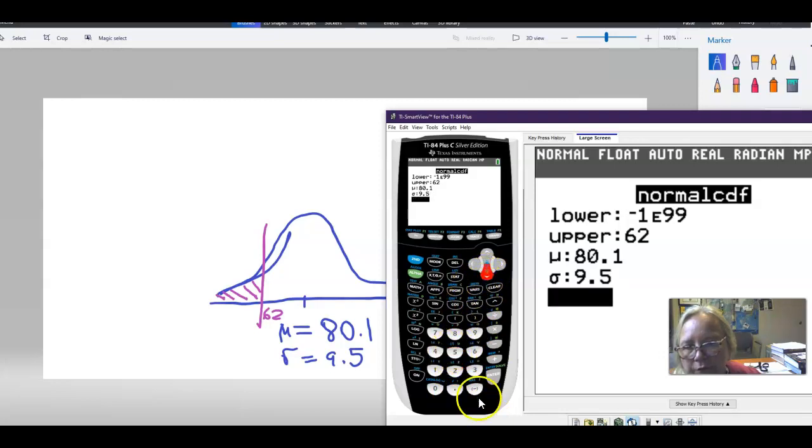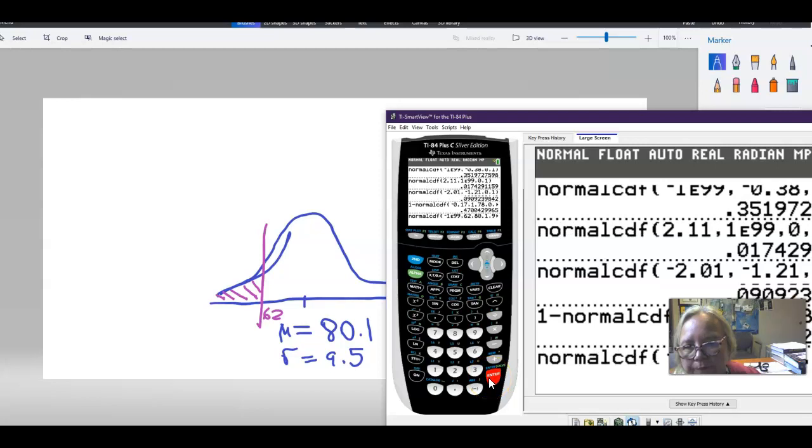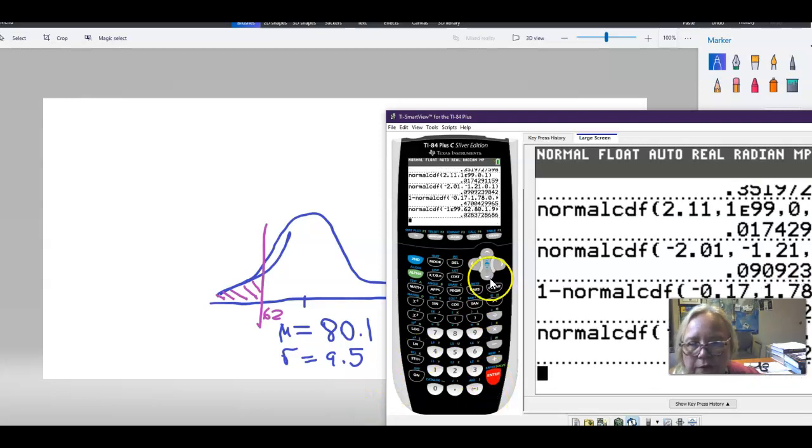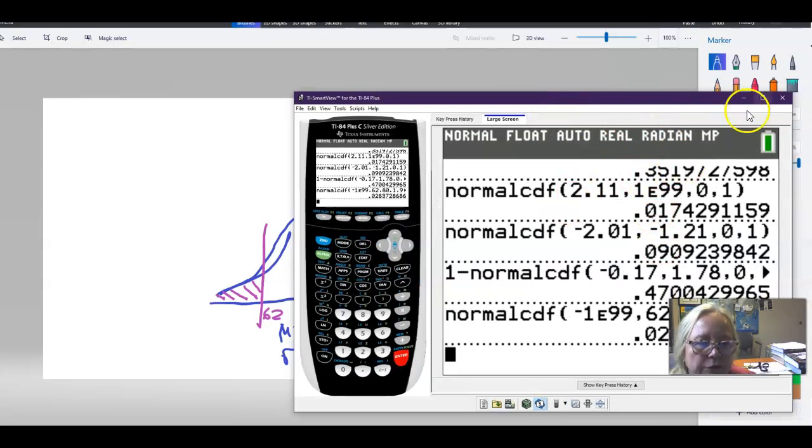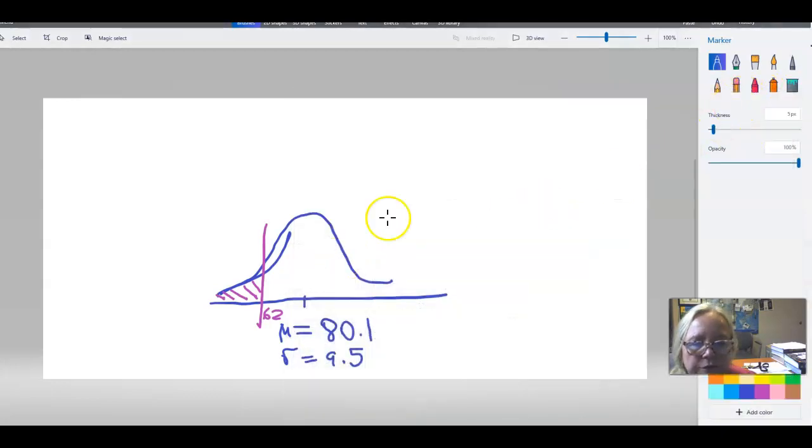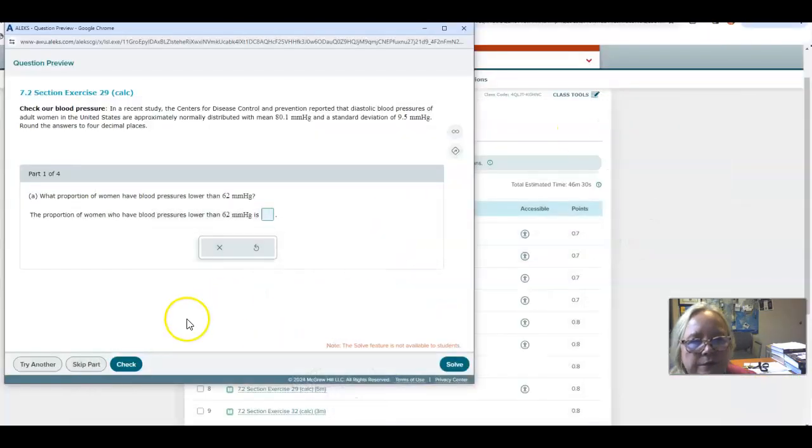And then we calculate. And it gives us 0.02837, which is 0.0284 if we round to 4 decimal places.